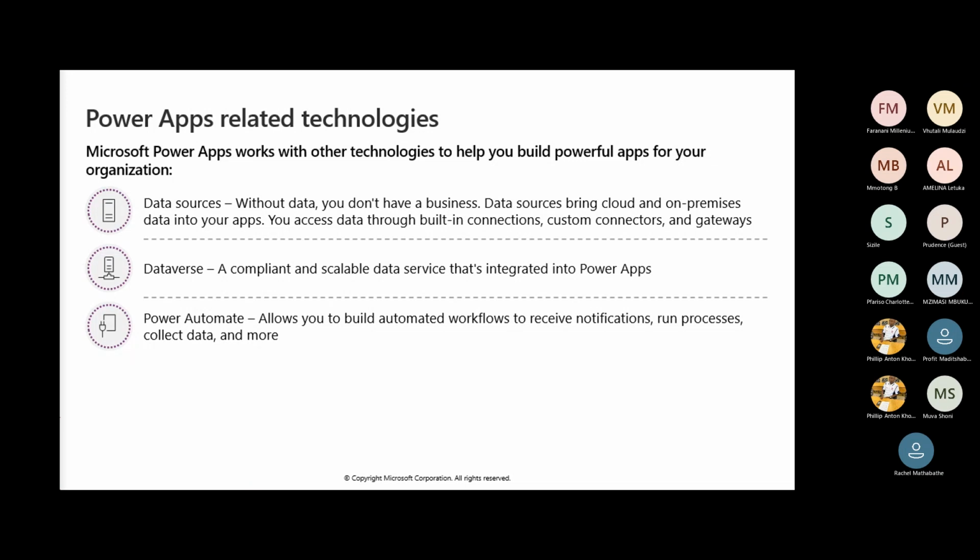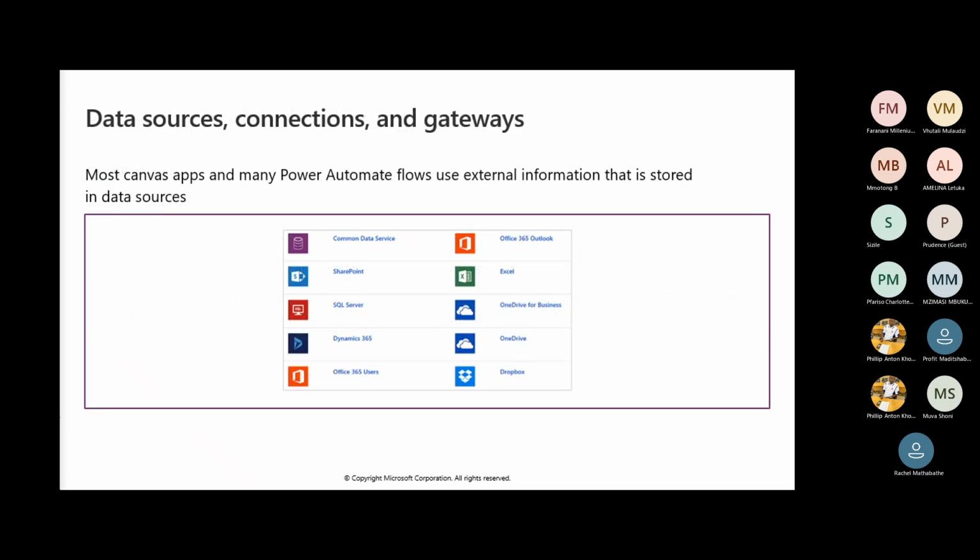And then we also have Power Automate, which allows you to build automated workflows to receive notifications, run processes, collect data, and many more. Right? And then let's look at data sources.